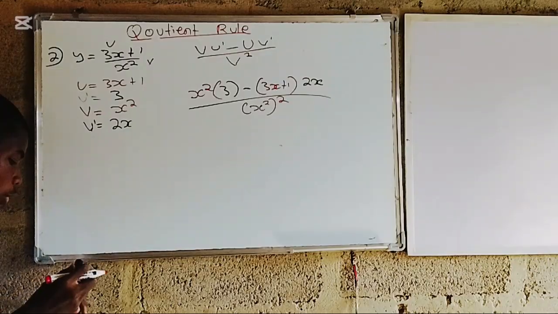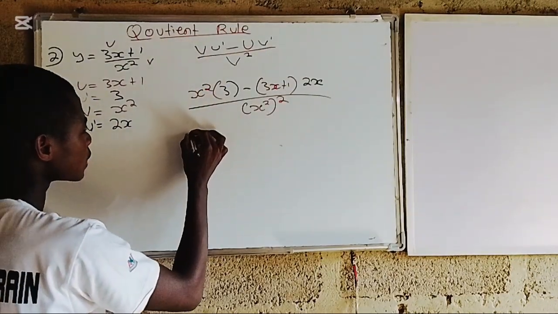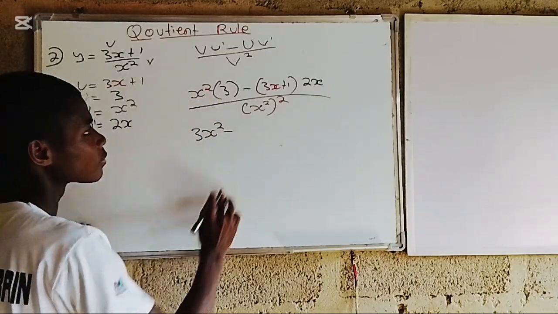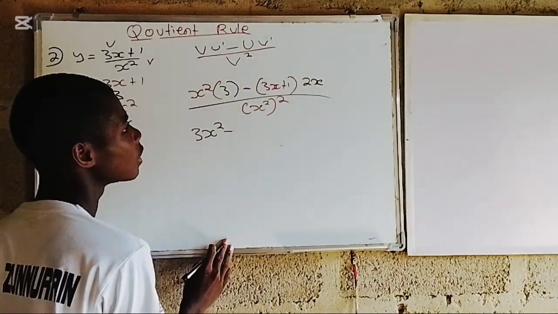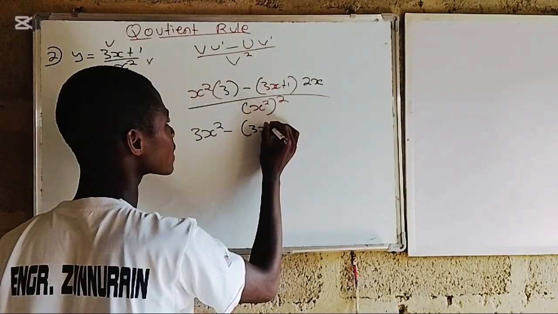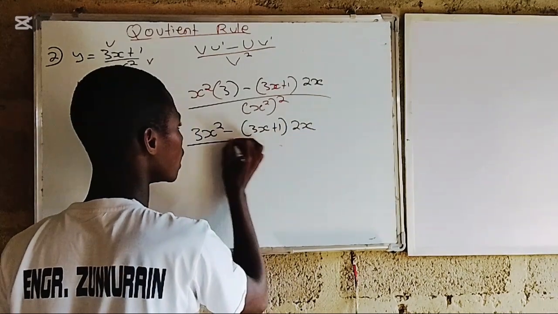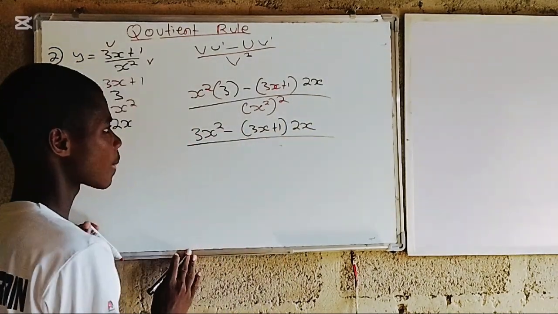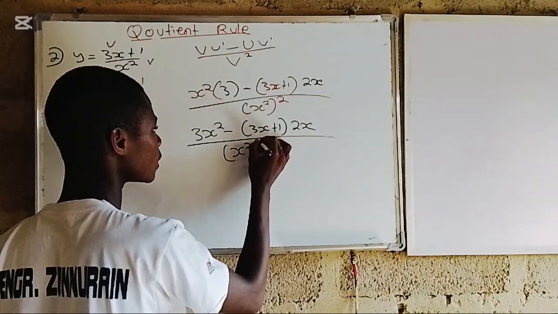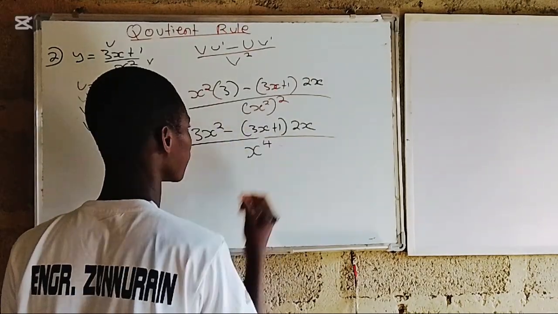The next thing I do is multiply: x squared times 3 gives 3x squared, minus 3x plus 1 times 2x, divided by x squared squared, which is the same thing as x power 4.